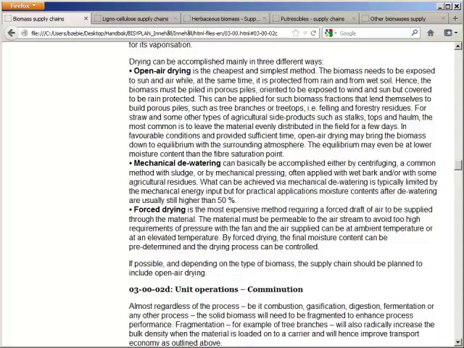And that is only in cases where fuel conversion, thermochemical fuel conversion, is the process. So in case of gasification, liquefaction, or torrefaction, or pyrolysis as a whole, then forced drying may be the only alternative to bring the water content down to the levels that are demanded by the process.